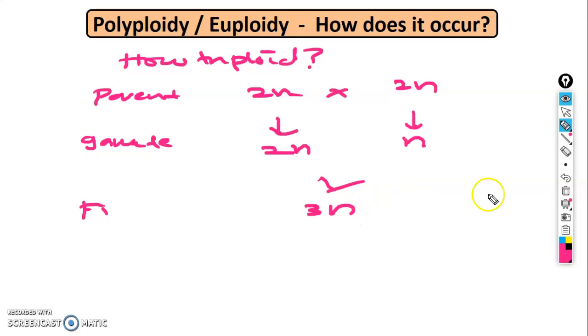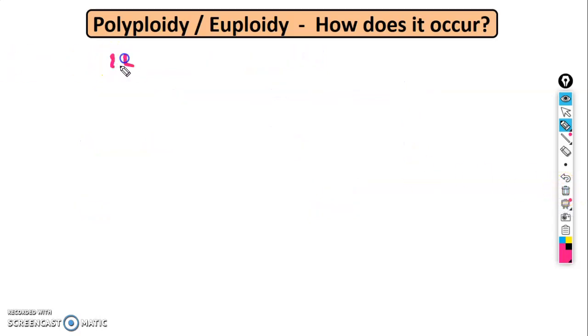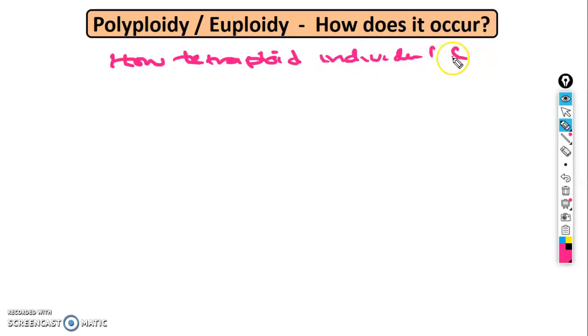Okay, and for the other example, you can see the explanation in your lecture note. The other example is how a tetraploid individual forms.